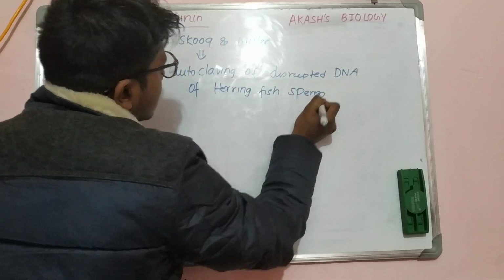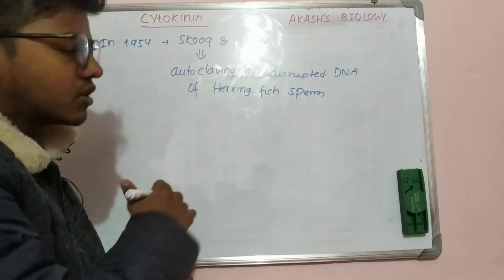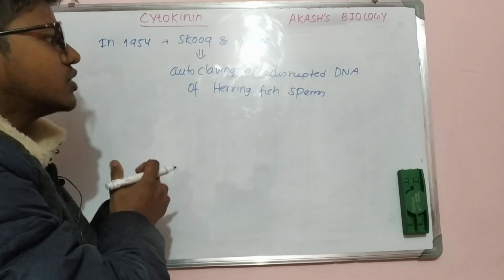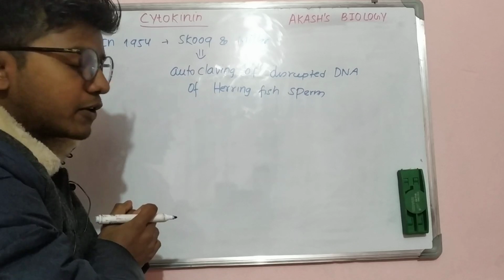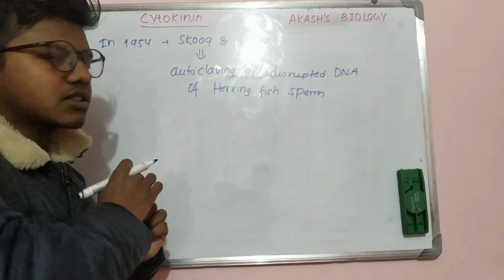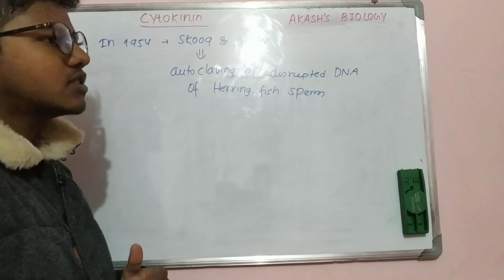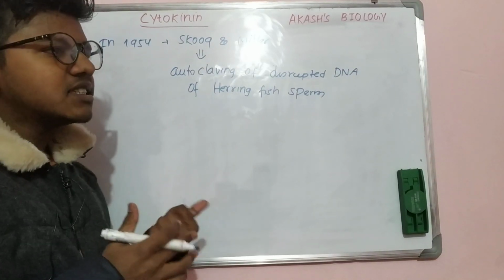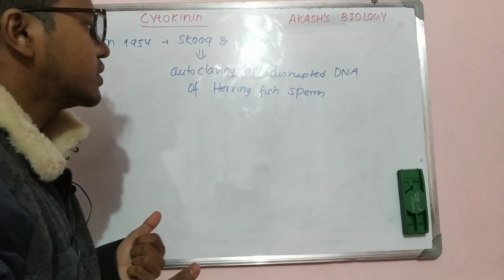During the process of tissue culture, they were autoclaving the disrupted DNA obtained from herring fish sperm, and they found that the material contains something which has a very good role in increasing the cell division activity in the tobacco pith cultures.